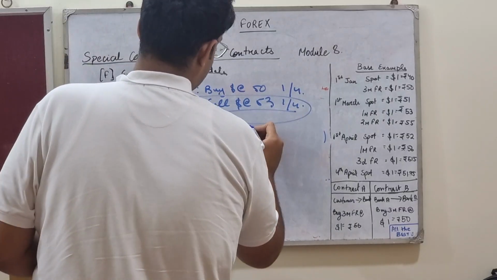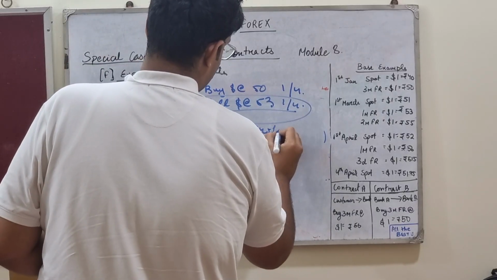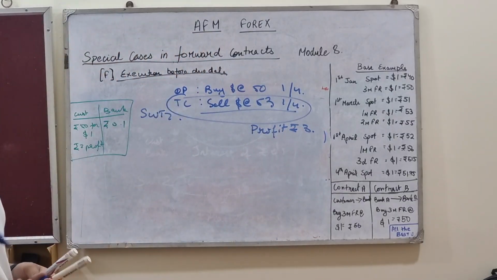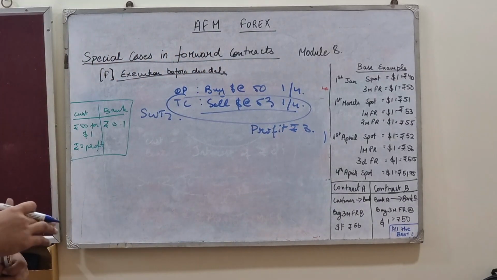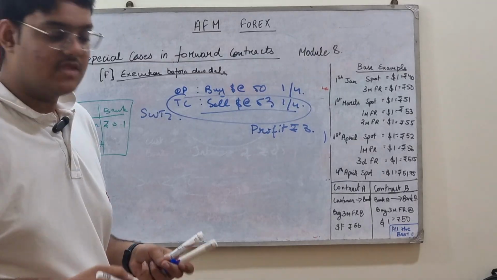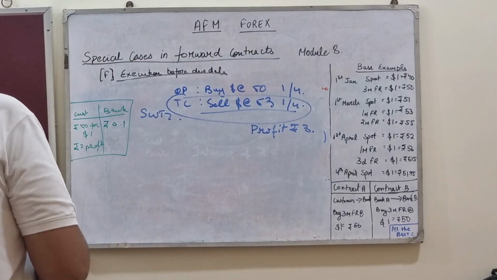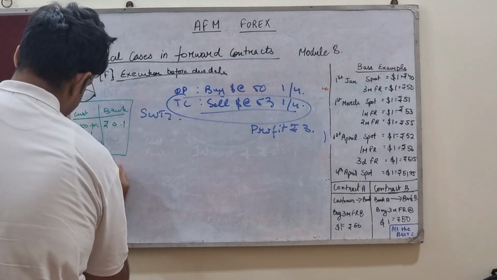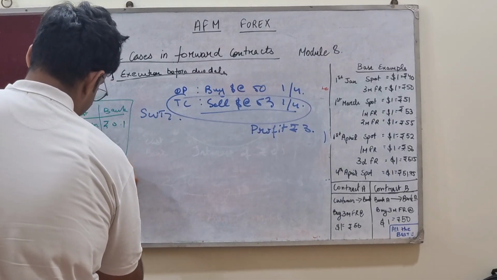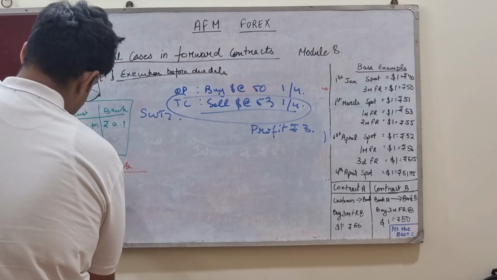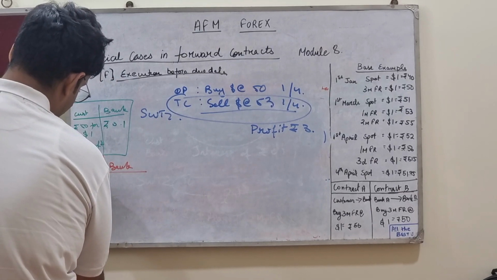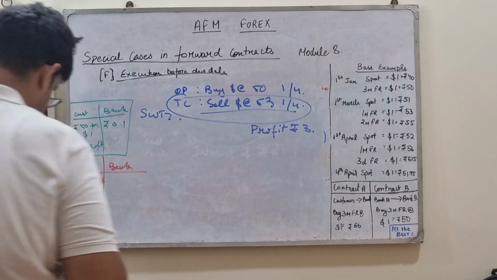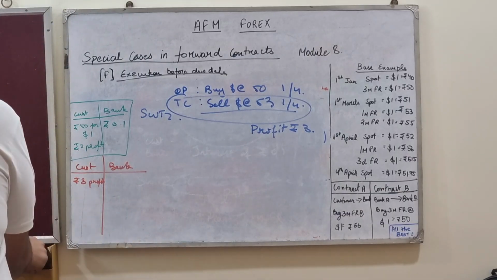So the profit should have been rupees 3 for the customer, right? Correct? If he would have done a cancellation before due date, correct? Now I'm gonna write it here. Customer, bank, should have gotten a profit of 3, right? Correct.